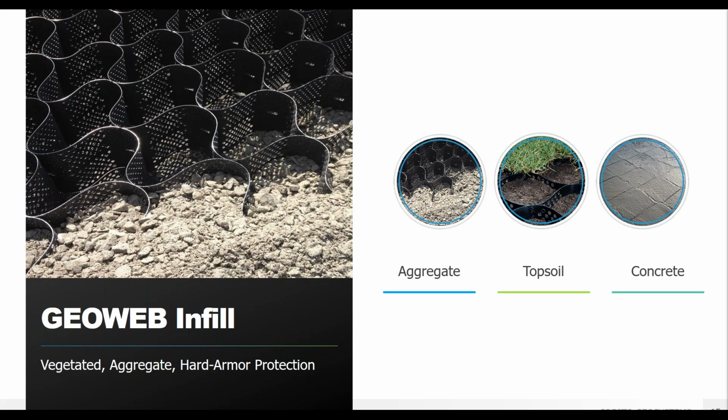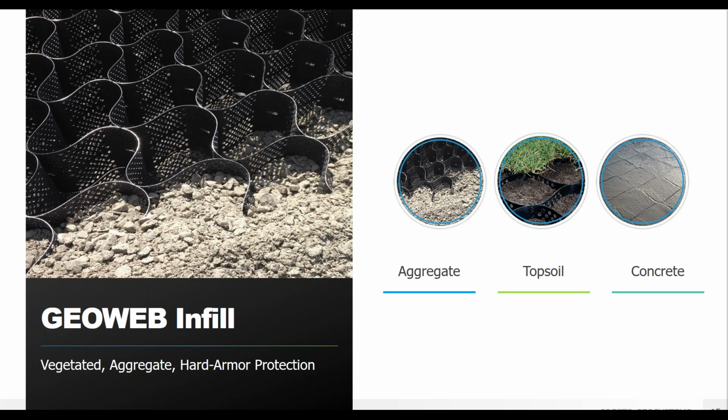And you can do this because the GeoWeb system actually provides the apparent cohesion that those fines would give to the stone. So you can reduce or eliminate the fines, which would then allow for more water movement. So if you're looking for something more porous, this would be the way to go. And you're still getting the strength of that stone infill, but you don't have to worry about those fines clogging up all of the pores.